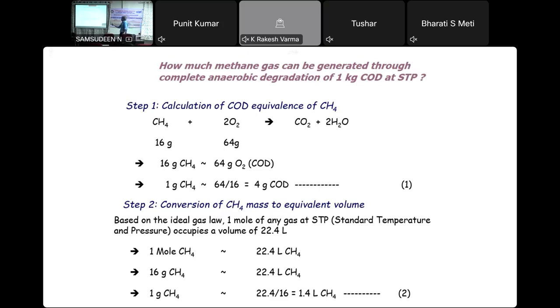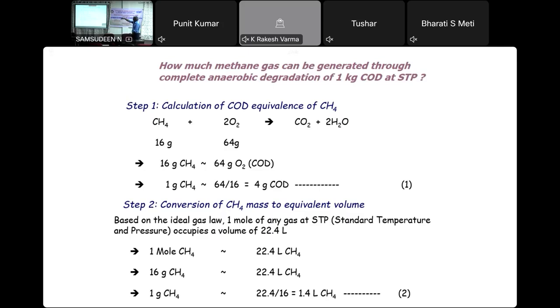Okay, and then the second step, again to re-emphasize. The STP is general chemistry: 1 mole of any gas will equal 22.4 liter, which is the volume we are talking about at standard temperature and pressure. So 16 gram of methane from the first step is 22.4 liter.